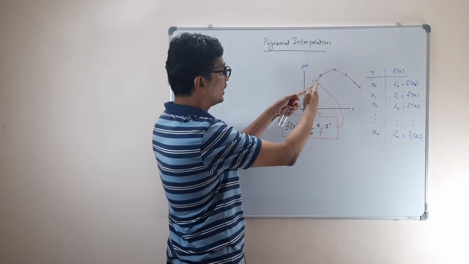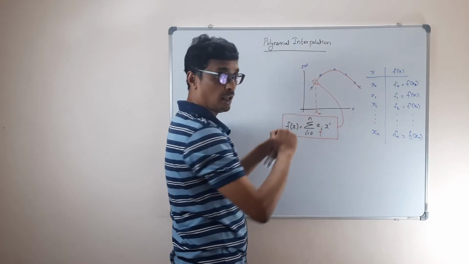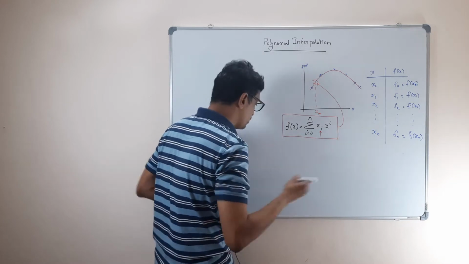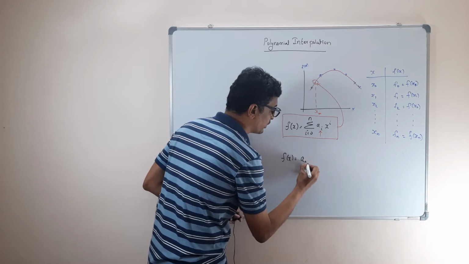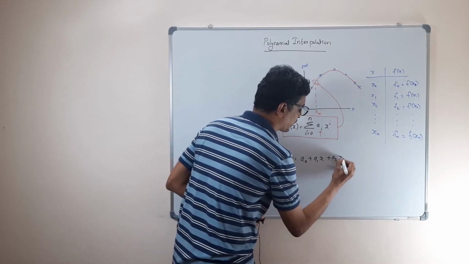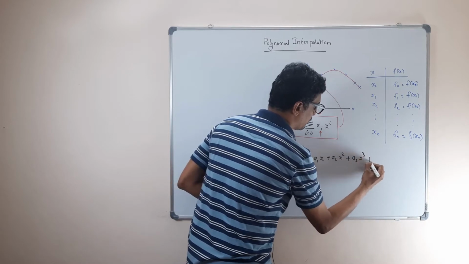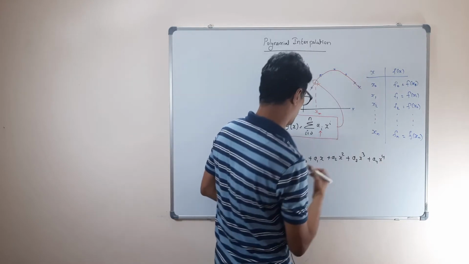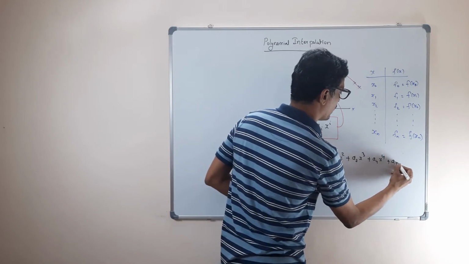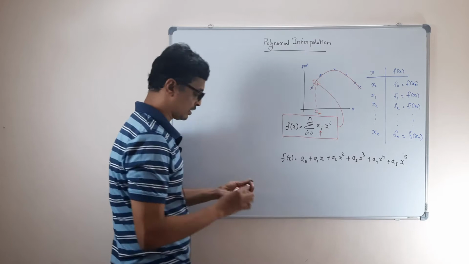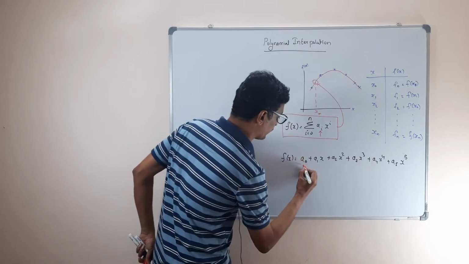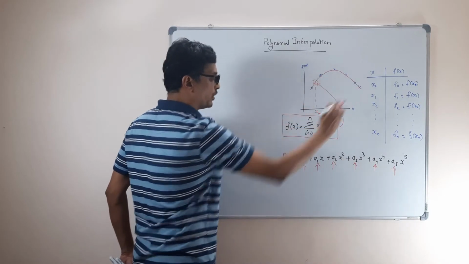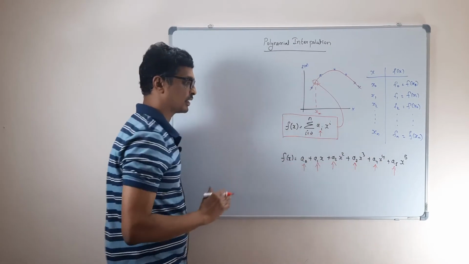For example, if I have 6 points and want to express them in terms of a polynomial, I will write f of x equal to a0 plus a1 x plus a2 x squared plus a3 x cubed plus a4 x to the power 4 plus a5 x to the power 5. So we have 6 unknowns, and I can use the 6 points to estimate all these unknowns, and that's how we can construct a polynomial.